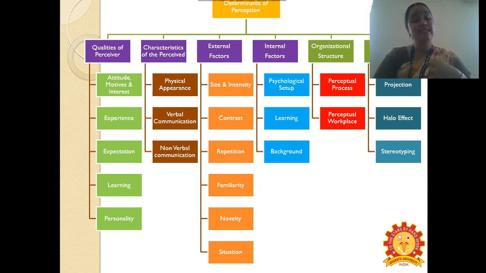Then the last determinant is social factor. So perception is going to differ based on social conditions and the situations faced by individuals. So social factors can consist of projection, halo effect, and stereotyping. Now, what is projection?